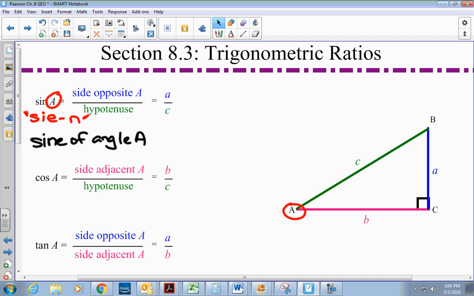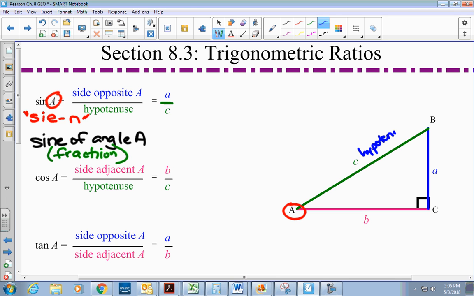So our sine of angle A is just a fraction. All it is is equal to a fraction. That fraction is whatever the opposite side of angle A is divided by the hypotenuse of your triangle, which is right here. So we put together a little fraction.